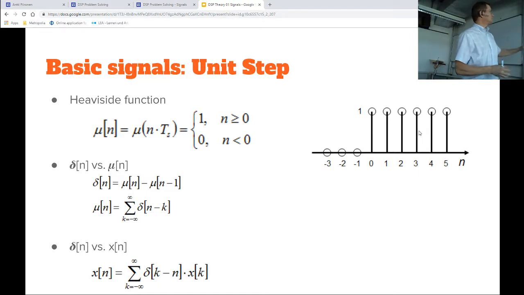Good. How do we get from the Heaviside to the delta function? Quite easily. You take the Heaviside function and delay it by one time step. So your Heaviside of n-1 would start here.